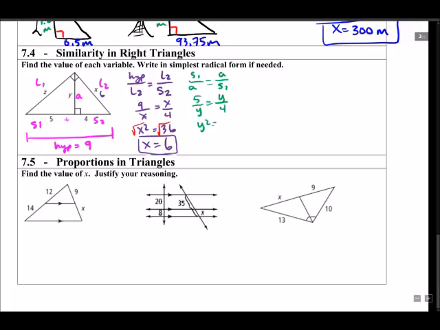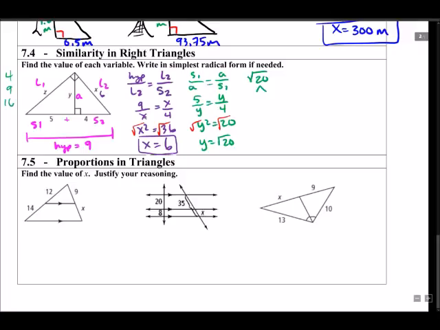So y squared equals 20. And we square root. And y is the square root of 20, so we need to take the square root of 20 and factor out perfect squares. Perfect squares, 4, 9, right? What are our perfect squares?